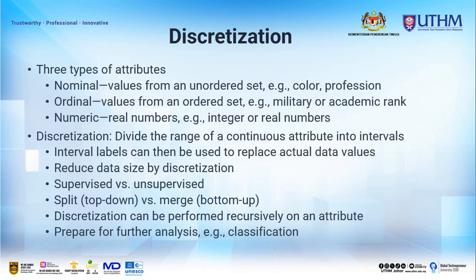On the other side, unsupervised will not use class information. And then we have split, top-down approach, bottom-up approach, and then we have recursive discretization. The applications of discretization will be in classification, data visualization, and simplification.